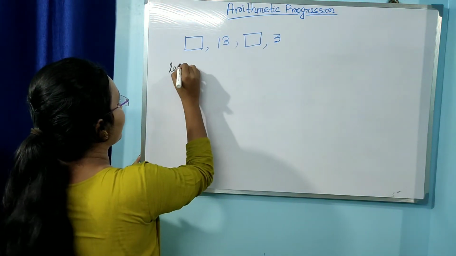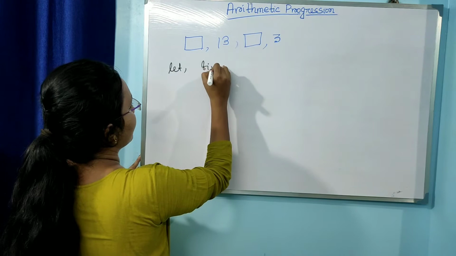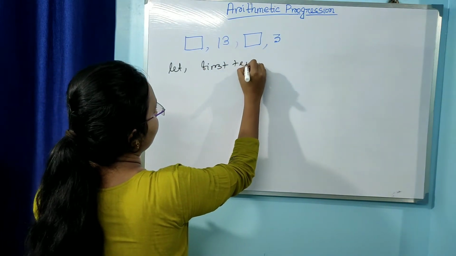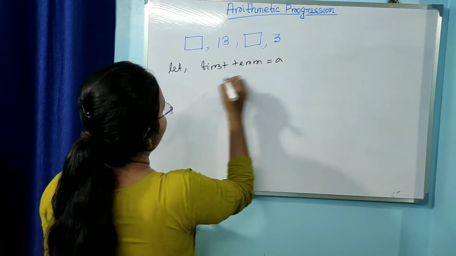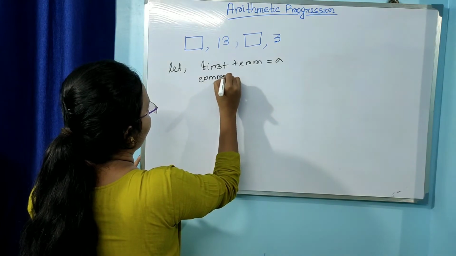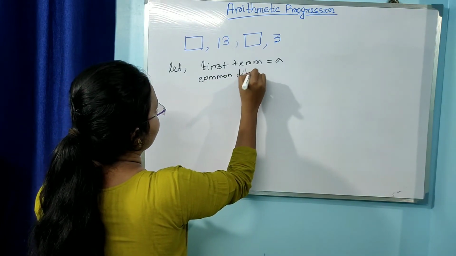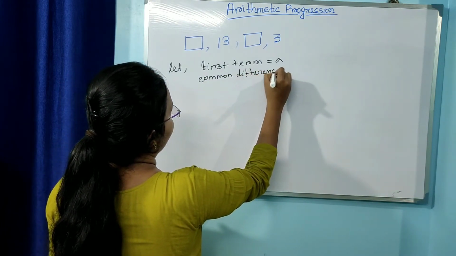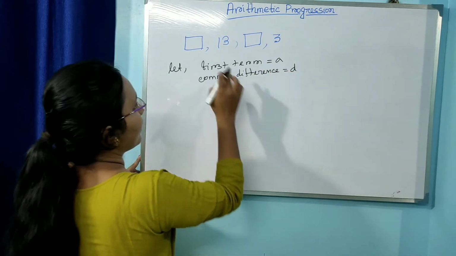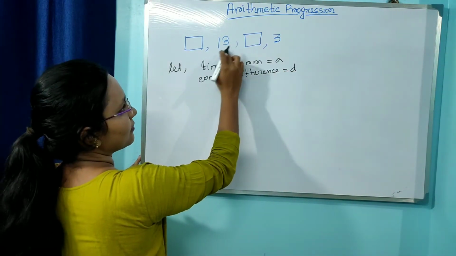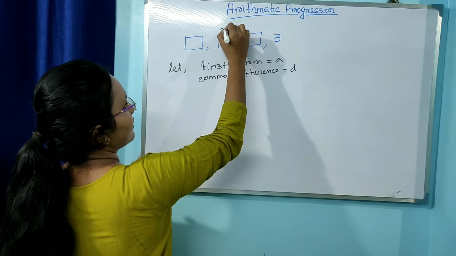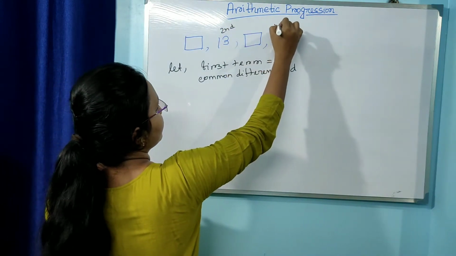So let the first term be A and the common difference be D. Okay. Now this is the first, second, third, fourth term. So the second term is given and the fourth term is given.